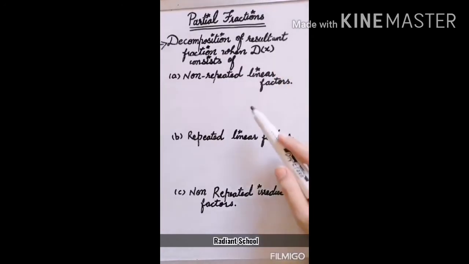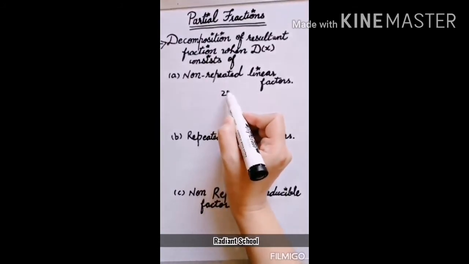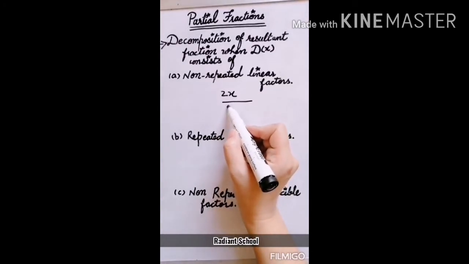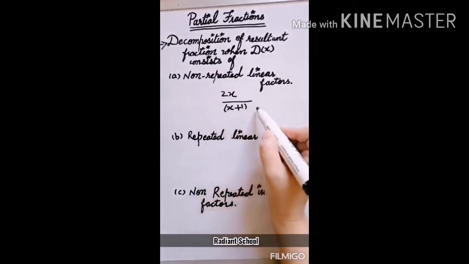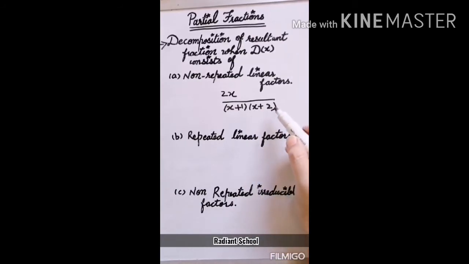The first category is non-repeated linear factors. For example, you have a fraction of this type: 2x divided by (x plus 1)(x plus 2). Okay students, now you can see that in the denominator, non-repeated means no factor will be repeated here. x plus 1 comes one time, x plus 2 comes one time.